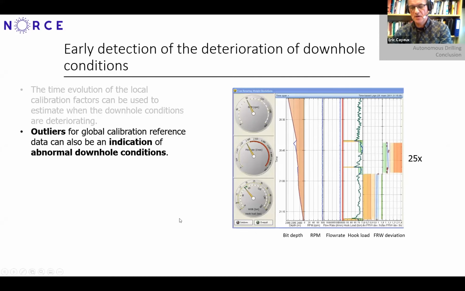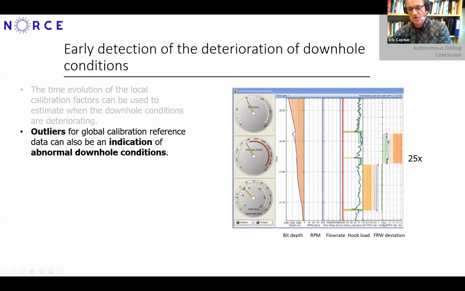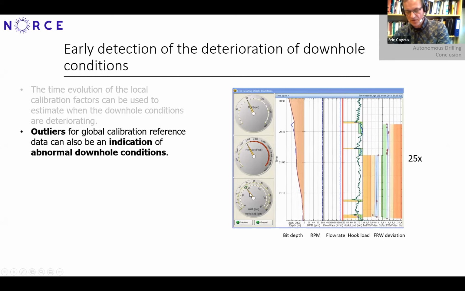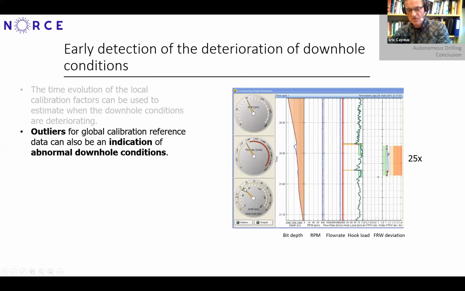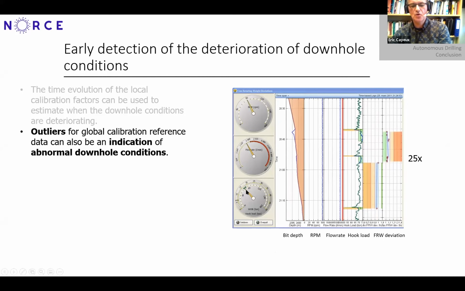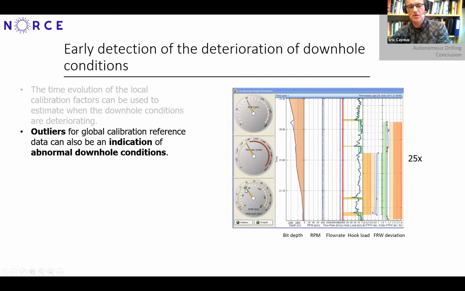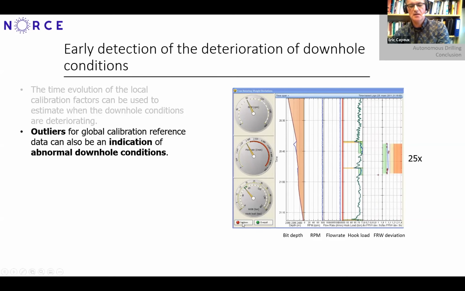Or we can also look at outliers in this animation, which comes from an actual operation. Just notice what happens with the two green toggles, which show the uncertainty accepted for the hook load, and you can see how sometimes the hook load goes far below these limits, and that is automatically detected as set-down weights.